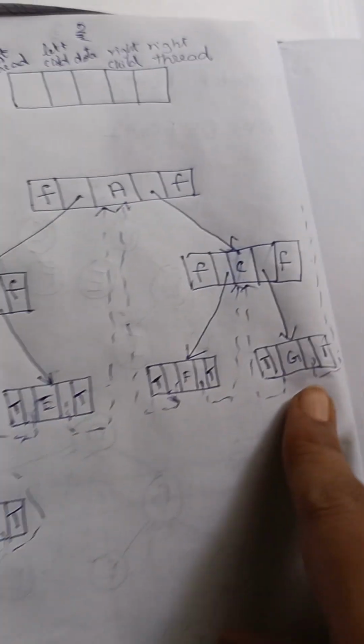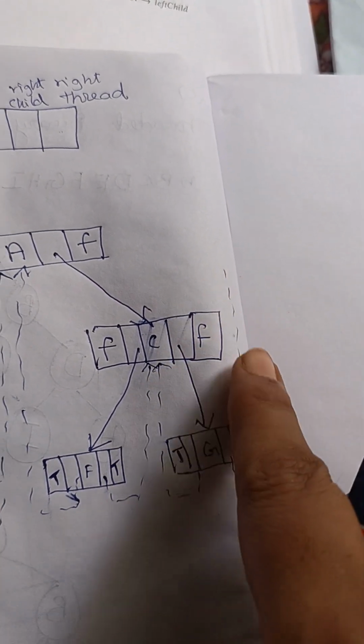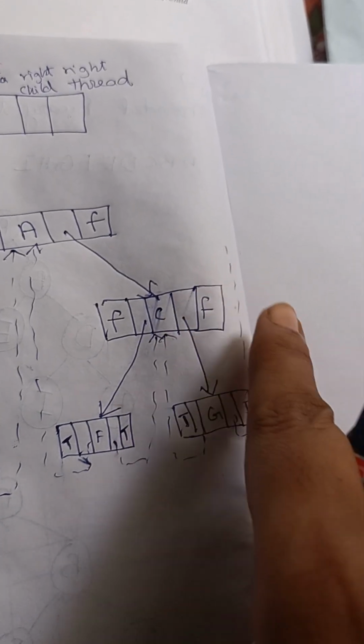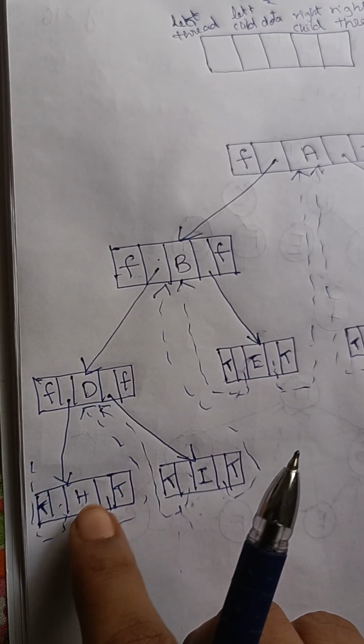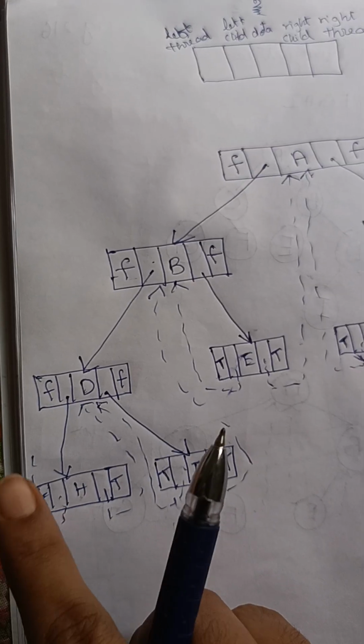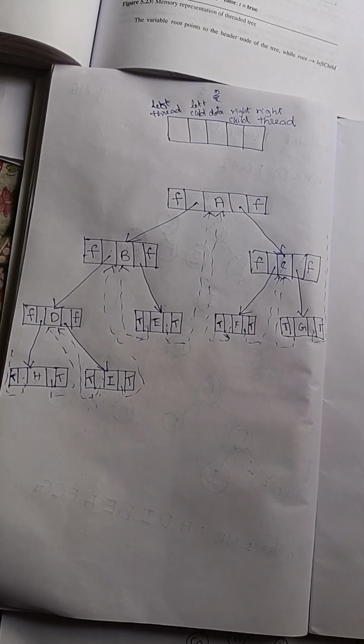Now, if you see for G, there is a thread hanging out over here, and for H, there is a thread hanging out over here. This is called the dangling problem. Okay, if there are null pointers hanging like this, then we will say it is a dangling problem. Then what should we do?